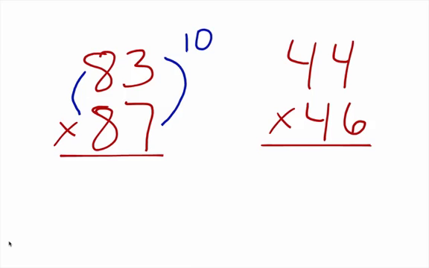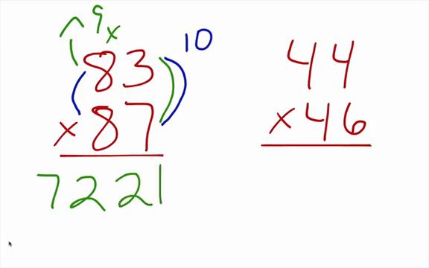So we have 83 times 87. All you do is take that first number, which is 8, and bring it up to the next number, which is what? 9, right? And you multiply that. 9 times 8 is 72. And 3 times 7 is 21. And that's all you do.